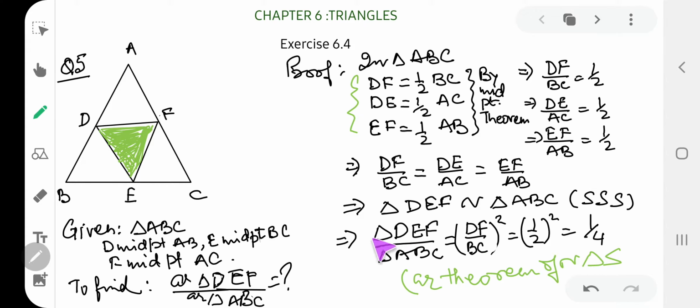So that means area of triangle DEF upon area of triangle ABC should be equal to DF upon BC whole square. DF upon BC is half, so its square will be 1:4. So we can say that the ratio of the area of these two triangles is 1:4.